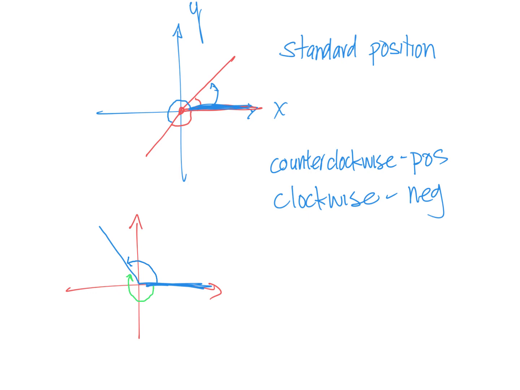Or maybe we could draw the angle by going all the way around the circle and then ending up right here. In this case, these are called coterminal angles. Coterminal angles are in standard position and have the same initial side and the same terminal side. So any angle has infinitely many coterminal angles because each time we could go all the way around the circle, adding 360 degrees or subtracting 360 degrees infinitely many times, because you keep going around and you end up at the same spot.